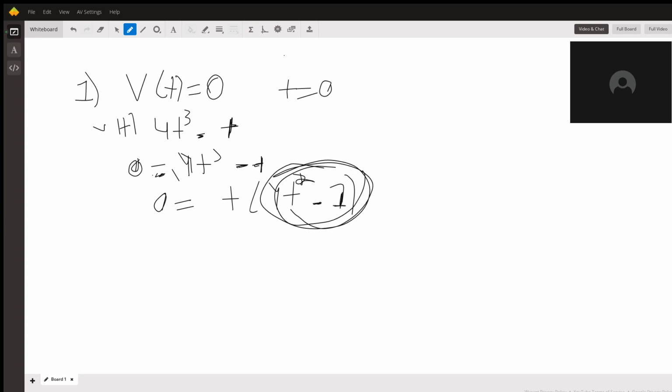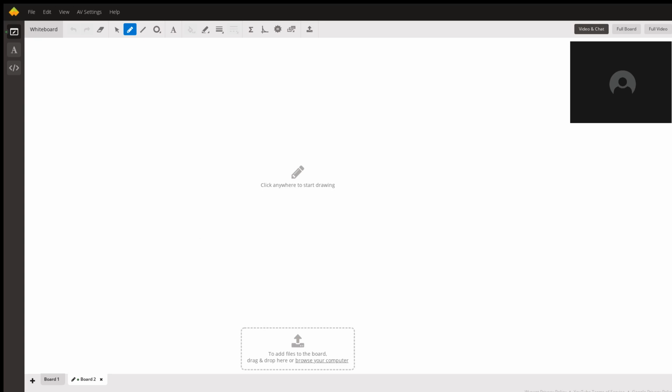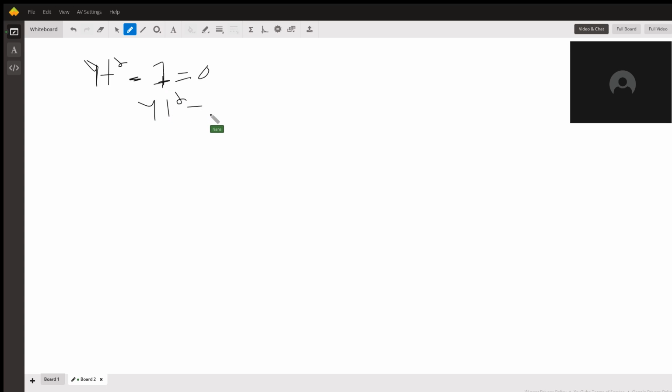So remember, it's 4t squared minus 1 equal to 0. If we bring the 1 to the other side, 4t squared is equal to 1. Divide by 4, so t squared is equal to 1 over 4.